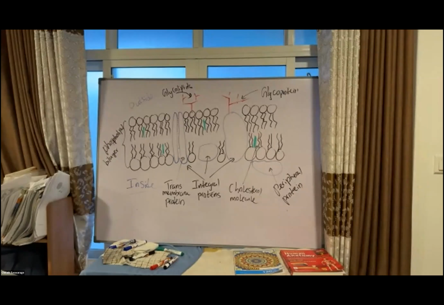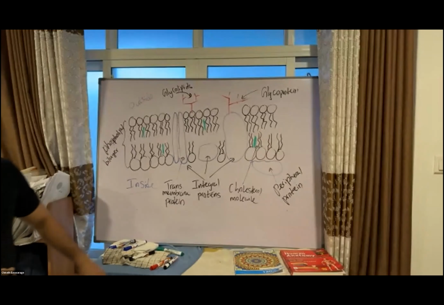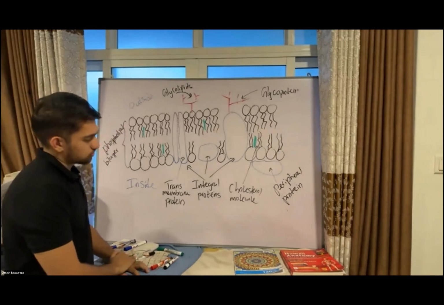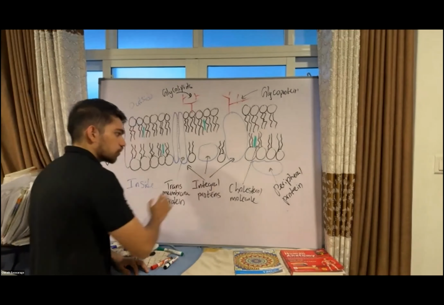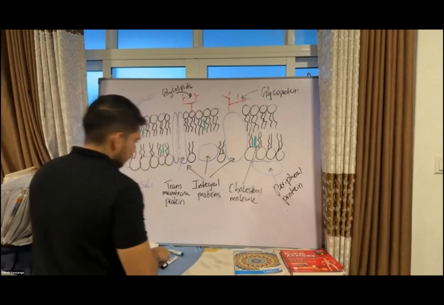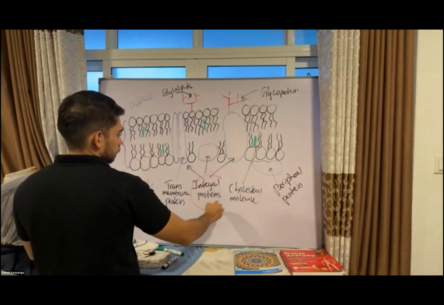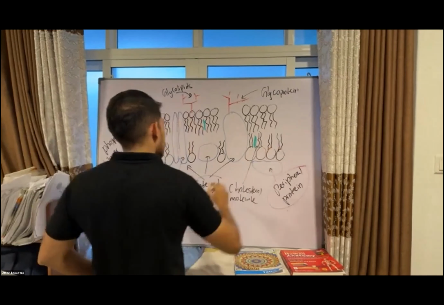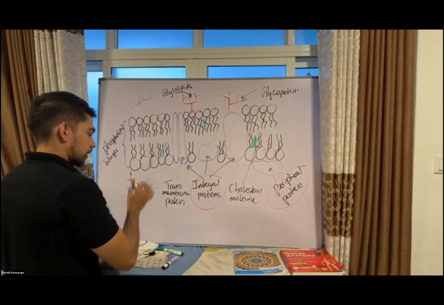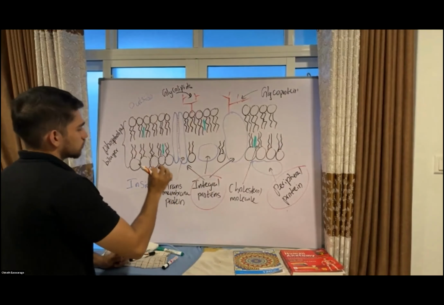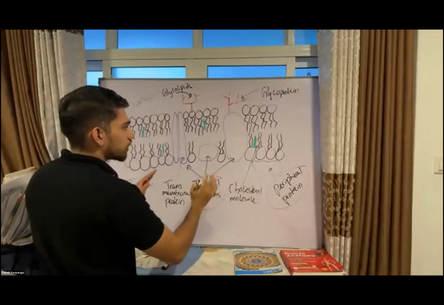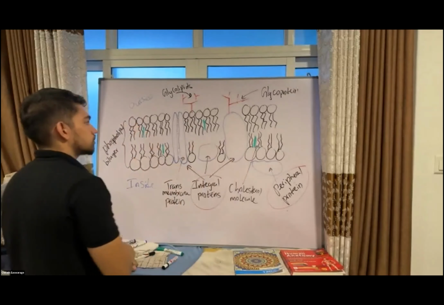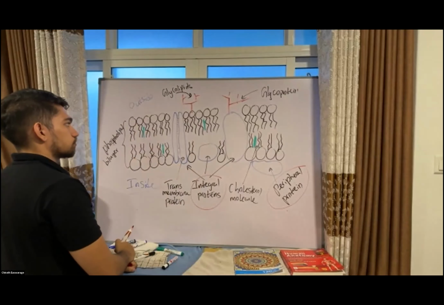Right. So when talking about the proteins, there are two main types. There are integral proteins and peripheral proteins. All proteins are either integral or peripheral. Integral means they are embedded inside the phospholipid bilayer.